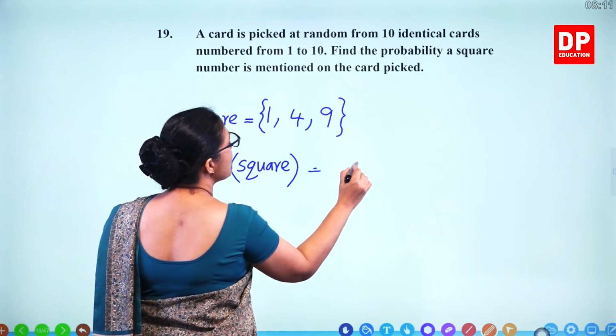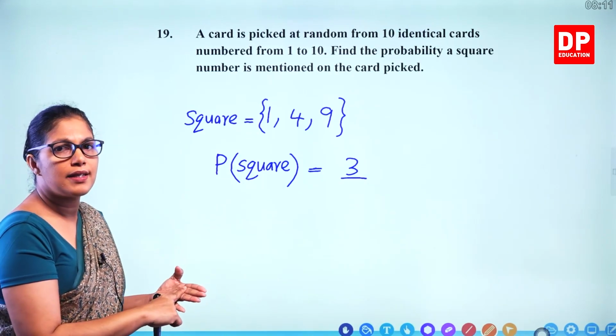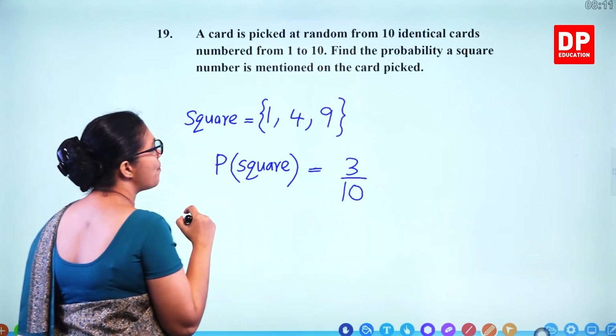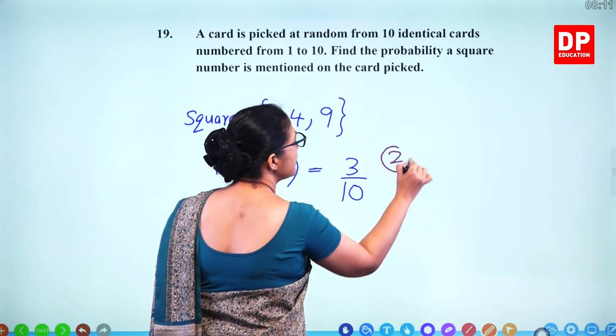So 3 possibilities are there out of 10. 1 to 10, 10 numbers are there. So the probability is 3 over 10. So 2 marks for that.